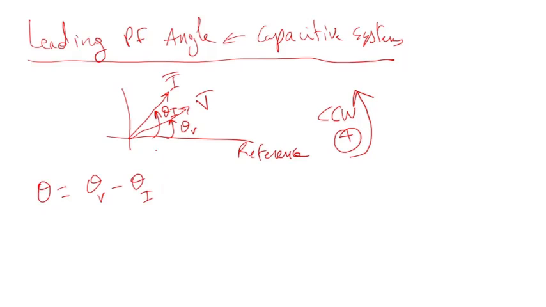We see that theta V is smaller than theta I. That means theta V minus theta I is smaller than 0, which means this is negative.